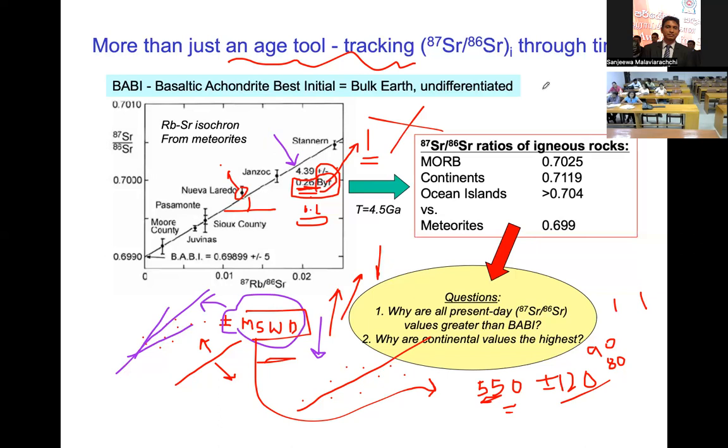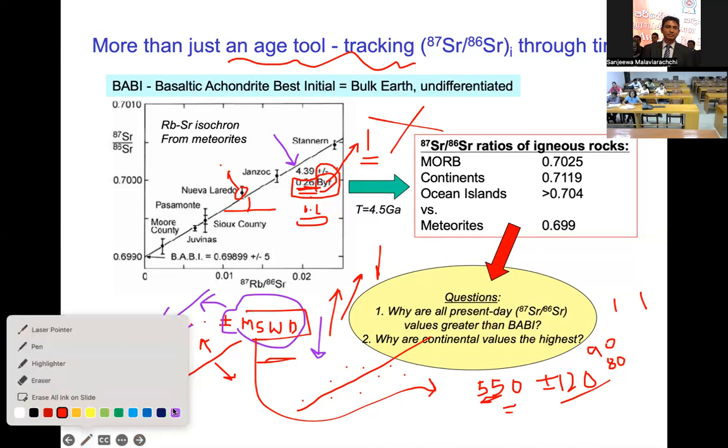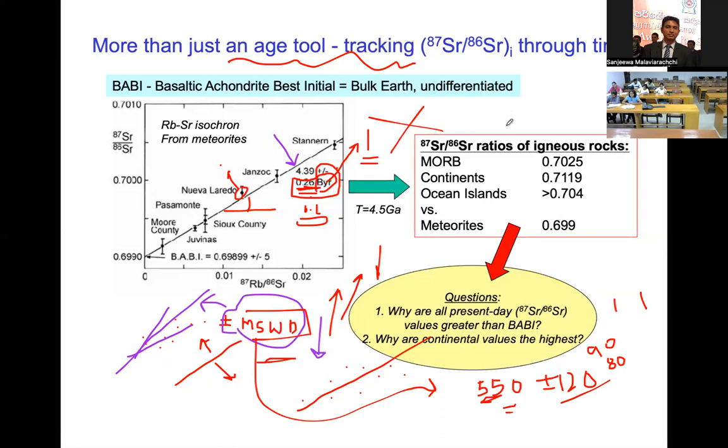Okay, right. And the other thing we discussed was the strontium ratios that we can find in present day rocks. Here, you can see the present day rocks. MORB is having this type of value. Just keep in mind, if you can remember these numbers, that will be very good.